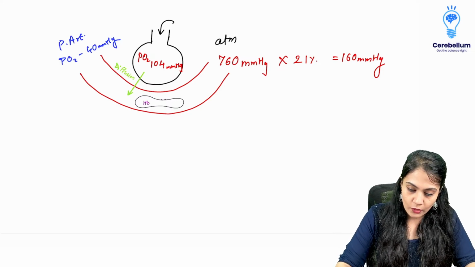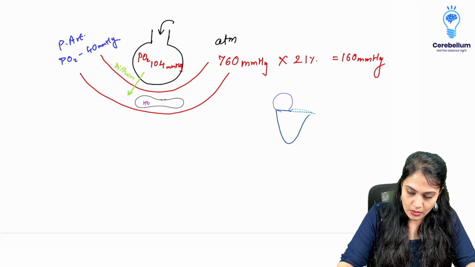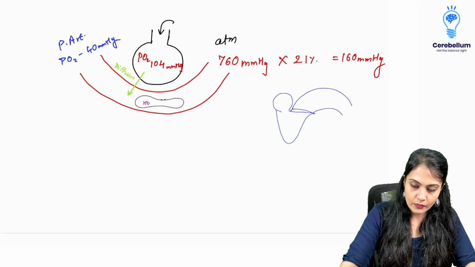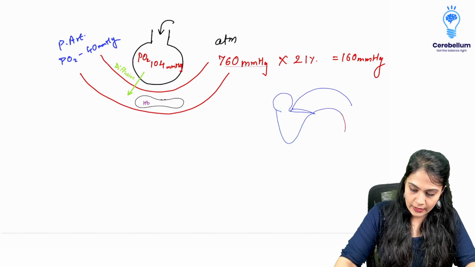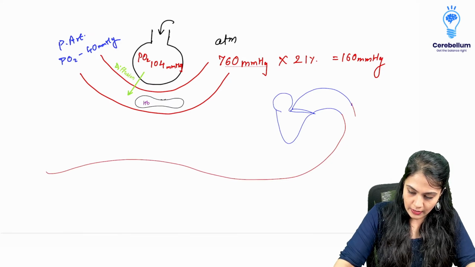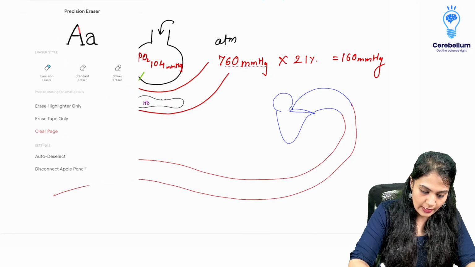Where is it going to go? Of course, it is going to go towards the blood. Let's say this is the left atrium, left ventricle, right? Of course, it is going to have the aorta, and through the aorta it is going to carry the blood towards the tissue, isn't it? Now, what will happen in the tissues?